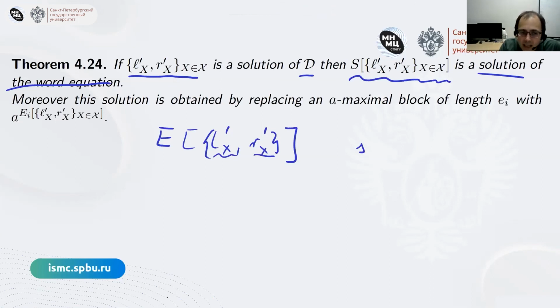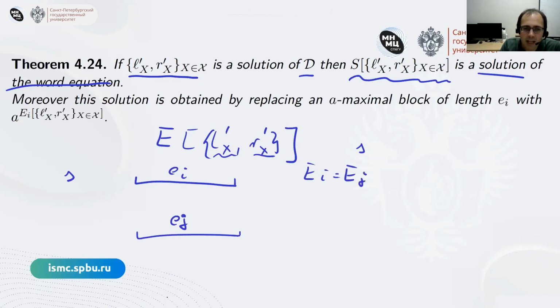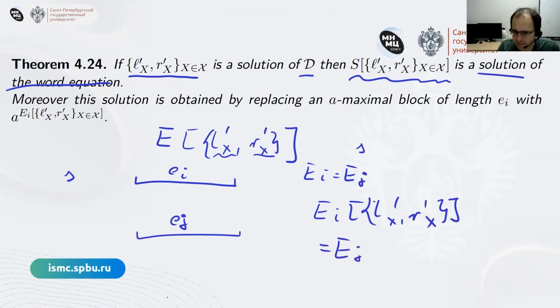And the thing is that if two maximal blocks in the solution S were equal, then we added an equation Ei equals Ej. Since those values L prime and E prime are a solution, if we substitute them into the equation, then it is satisfied, so those two values are still equal.